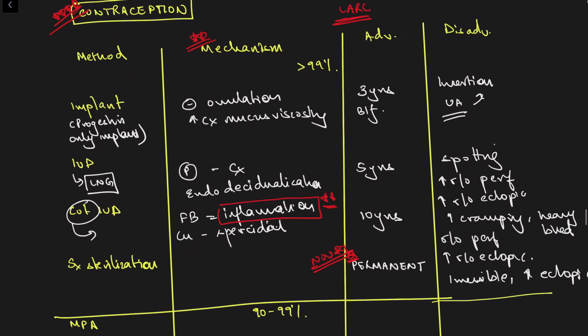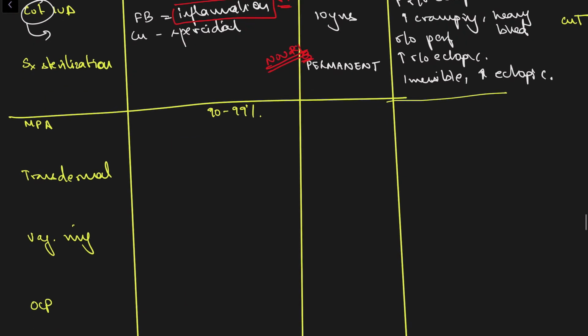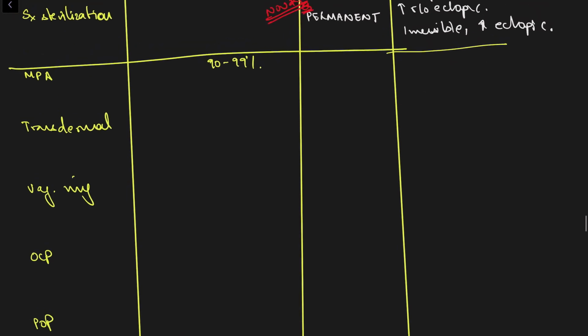Coming to the second category, which have effectiveness between 90 to 99%. The first one is medroxyprogesterone acetate. Right, it is an IM injection of progestin. What it does is, again, it suppresses ovulation and causes decidualization of endometrium.